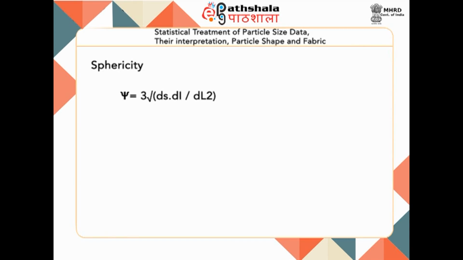For an ellipsoidal grain with 3 axes of diameters, that is the large, intermediate and short axis, the sphericity is defined as the cube root of the product of small and intermediate, divided by the larger diameter squared.